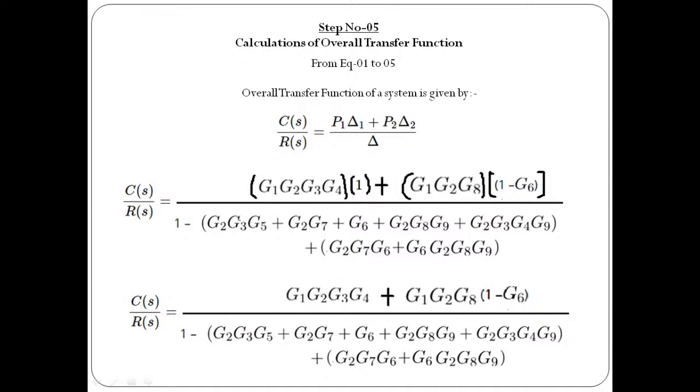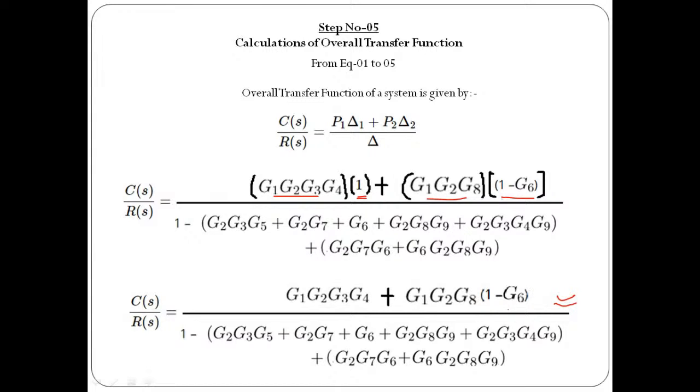So this will be the answer for the numerical. C of S by R of S is going to be equal to P1 multiplied by delta 1, which is 1, then P2 multiplied by delta 2, which is 1 minus G6, whole divided by delta. If you simplify this, you will get this final answer.